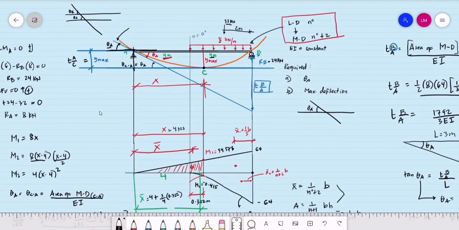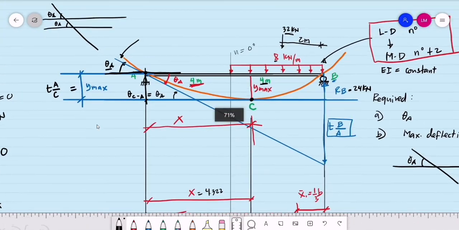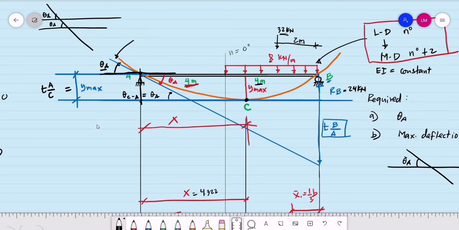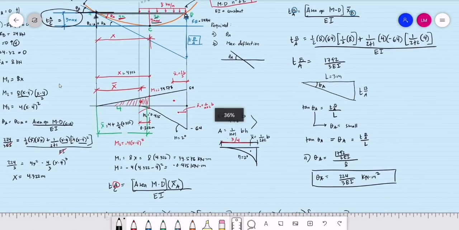So that's how we compute the maximum deflection. Draw a tangent line at the point wherein we have the Y max. Then we compute for the deviation from that point to the support. So that height will be the same as the maximum deflection. So this will be our solution for this example.